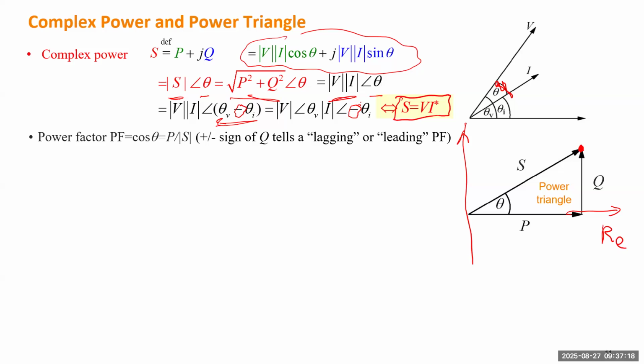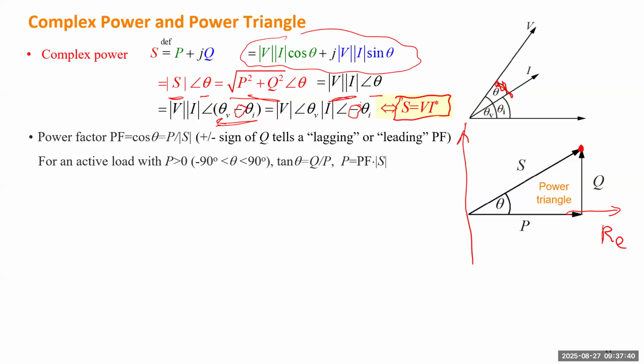We know the power factor is defined as cosine theta. The sign of Q will tell the lagging or leading power factor, right? And when we see something is an active load, it means P has to be positive. Otherwise, it's not an active load. Active means it will have some real energy consumption.